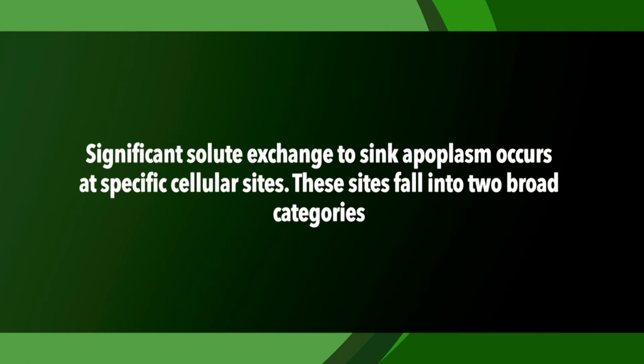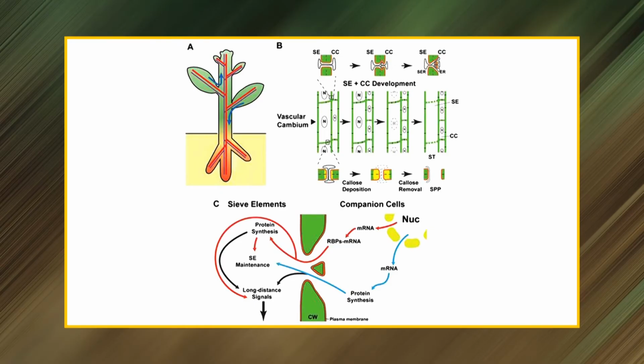These sites fall into two broad categories, that is, direct exchange from the sieve element companion cell complexes of the axial path or exchange at an epiplasmic step following symplasmic transport from the sieve element companion cell complexes in the terminal sinks.